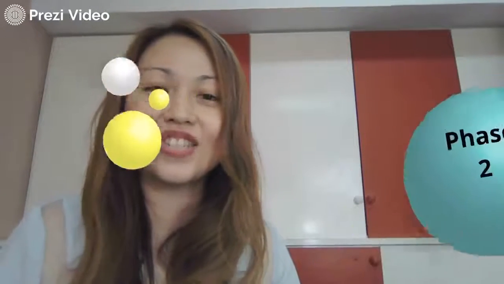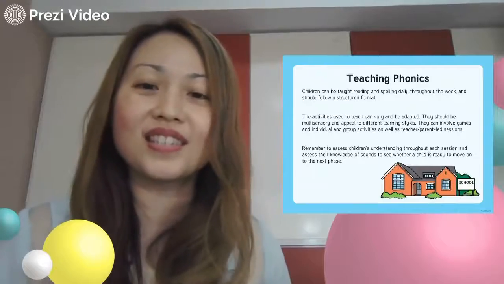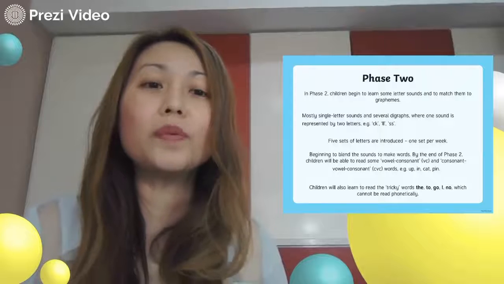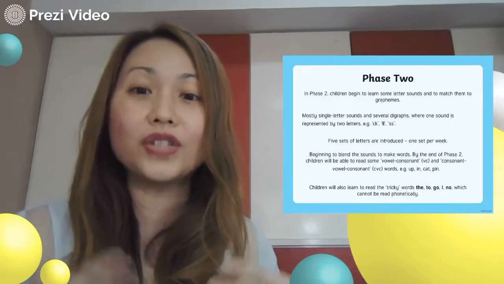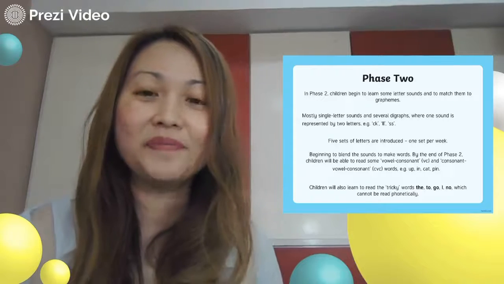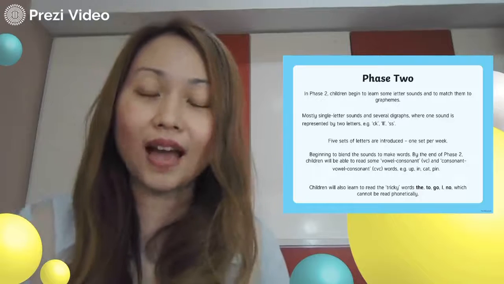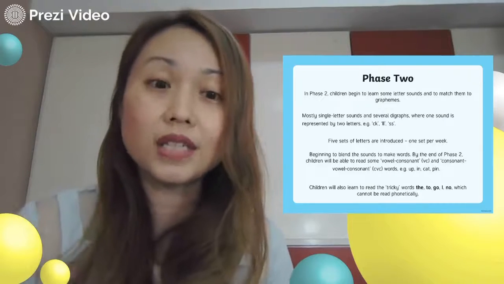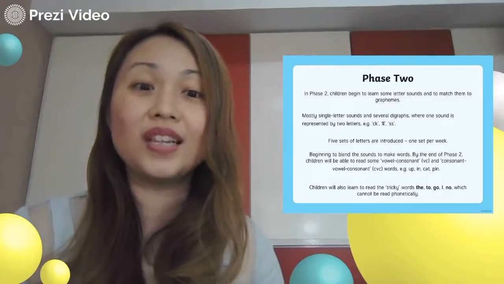So let's get started. Phase 2 is all about letters and sounds. In phase 2, your children will begin to learn sounds and how to match them to graphemes, which are the letters. You will learn mainly single letter sounds and several digraphs. This is where kids will distinguish that one sound can be represented by 2 letters.